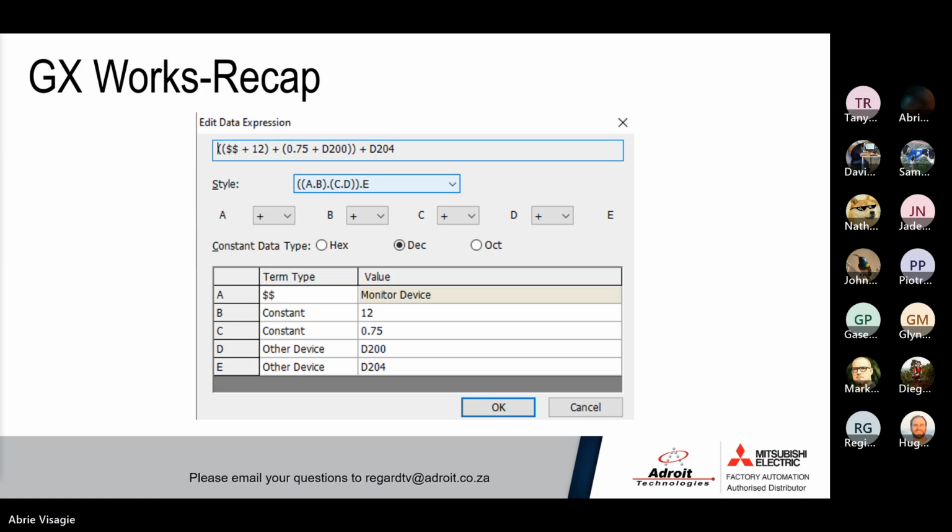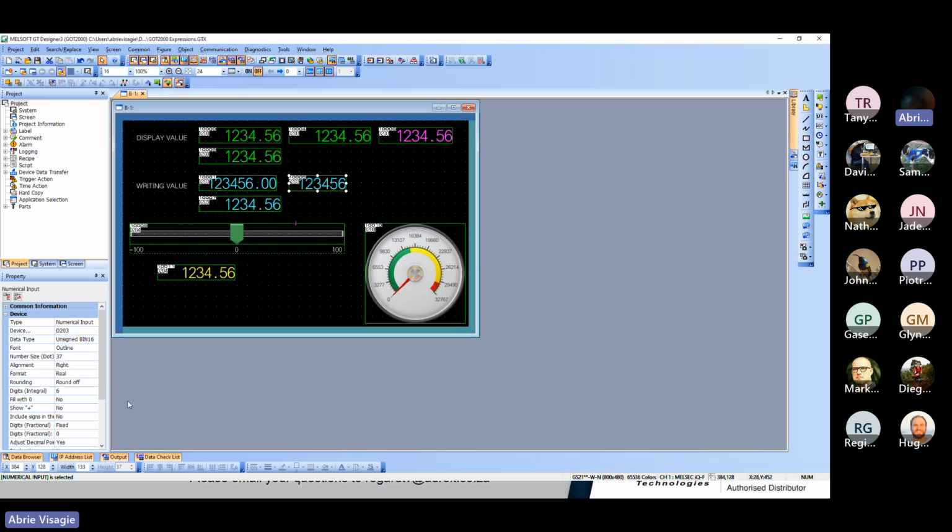Now, quickly, if we show our graphic form here, or our form here, this is just a short little example of how values will be displayed and how it works when writing to them.